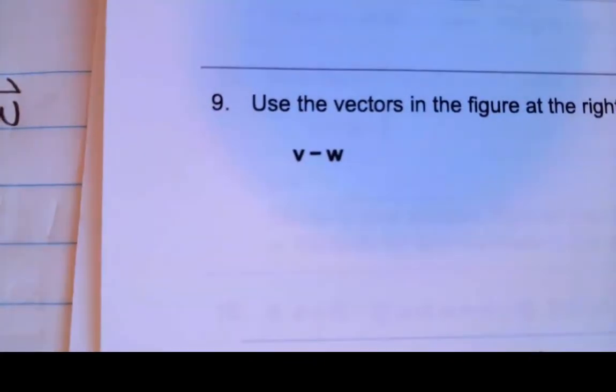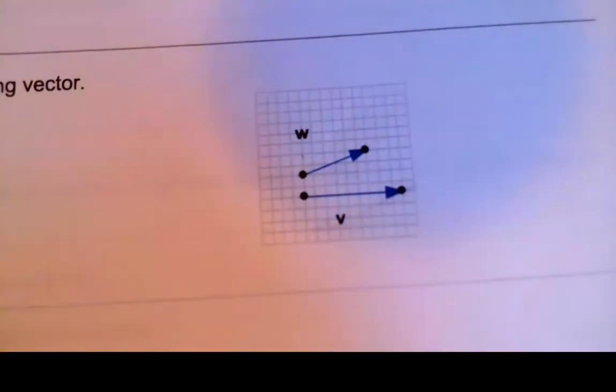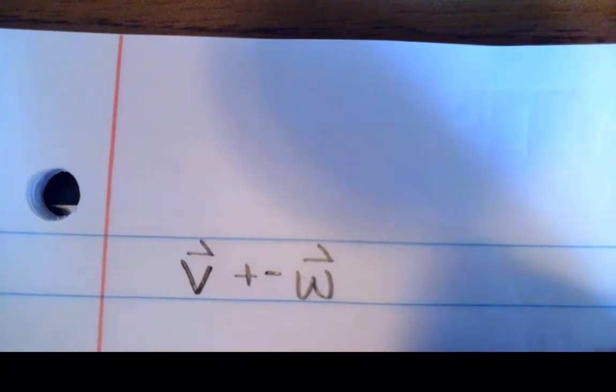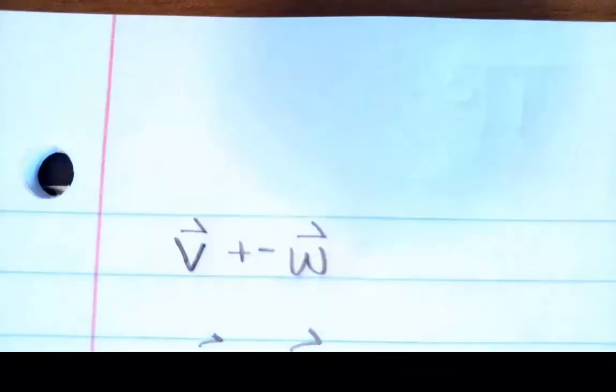Now what happens if I subtract 2 vectors? So I've got v minus w. Okay. If I subtract 2 vectors, well, what happens if you negate a vector? So look at it this way. What happens if I have v plus negative w? That's the same thing as v minus w.